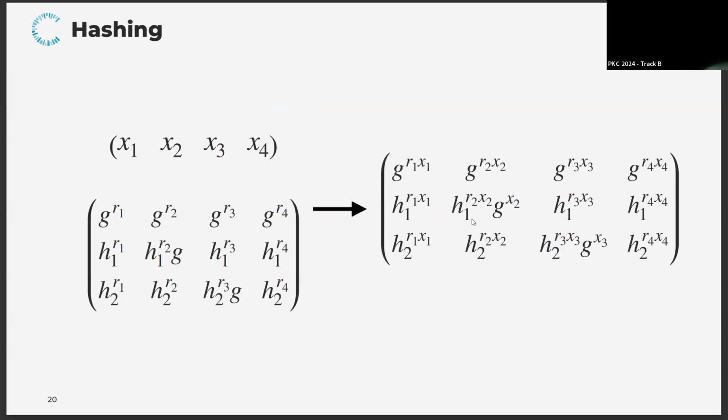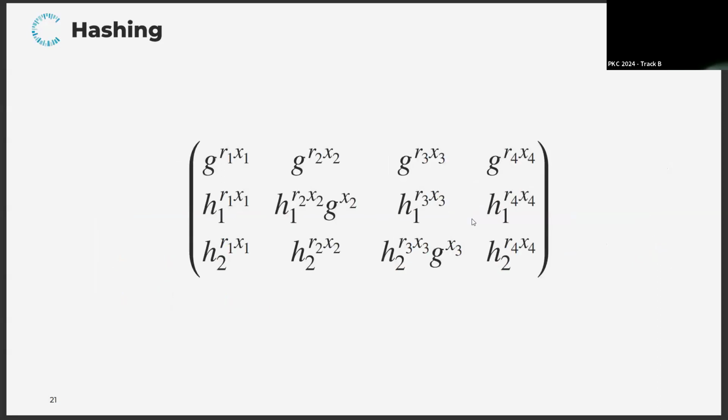So what do we do when we want to hash? Let's say our vector is of size 4, and we want to extract at position 2 and position 3. We put g in the second column and the third column, and we exponentiate each column by the relative x_i value. This is the result.